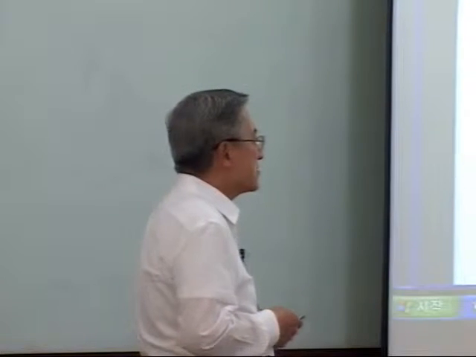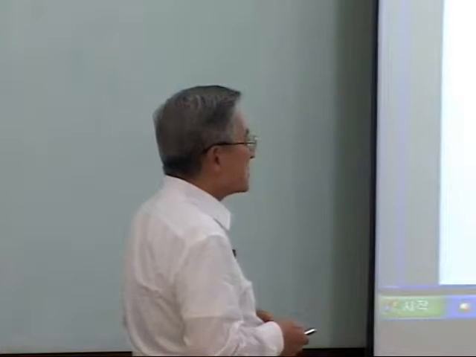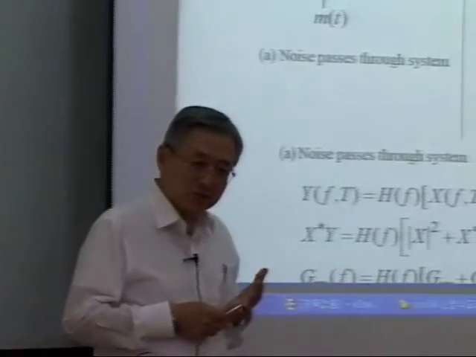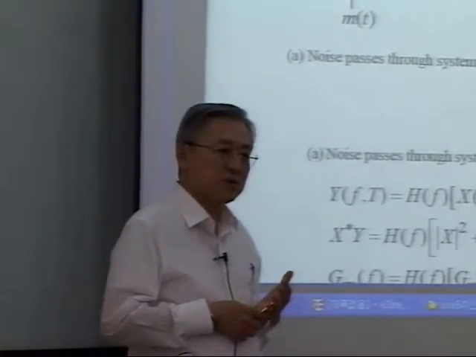Okay, this is the input noise problem, still noise, how to handle the noise. Noise passes through the system here. Another case we have done quite a bit is where noise does not pass through the system. Then we have system parameters such as the system frequency response function.